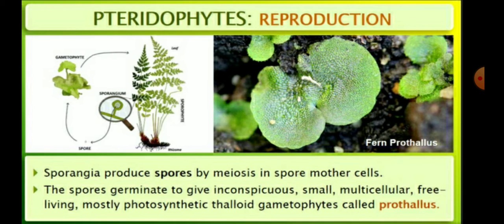Meiosis is a type of cell division, the reductional division in the spore mother cells, and the spores germinate to give inconspicuous, small, multicellular, free-living and mostly photosynthetic thalloid gametophytes called the prothallus.